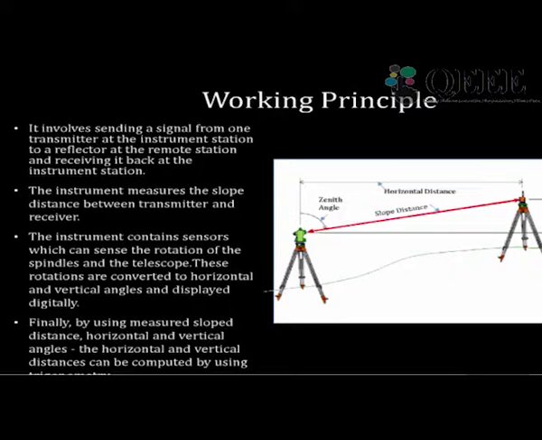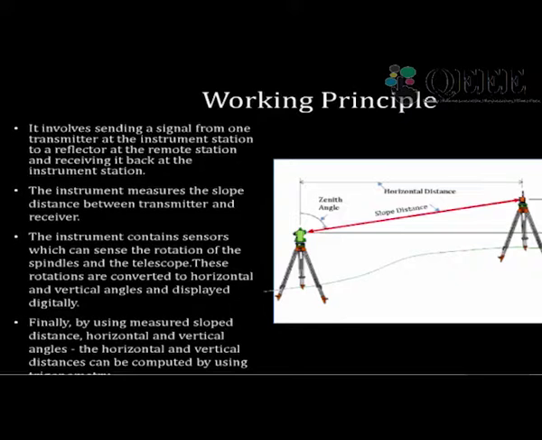Generally in total stations, the transmitter and receiver are the same. The instrument transmits the signals to the target and receives the signals back in the unit, so it acts as both transmitter and receiver. The target is generally a reflector: a prism acts as a mirror and reflects the signal back to the instrument.